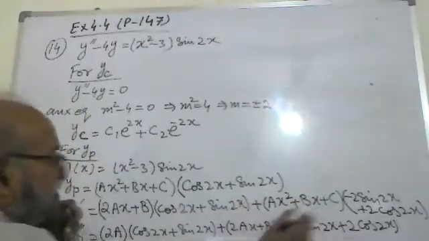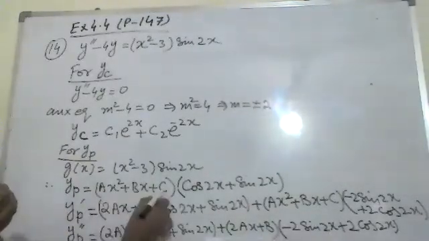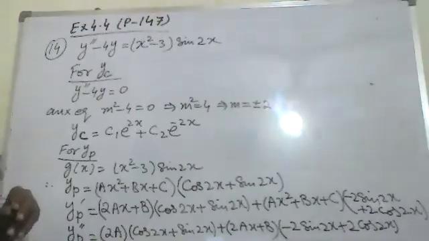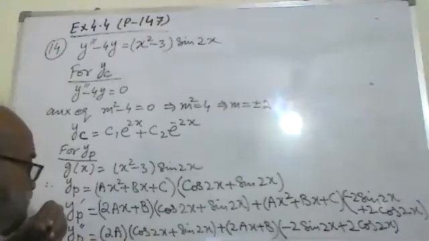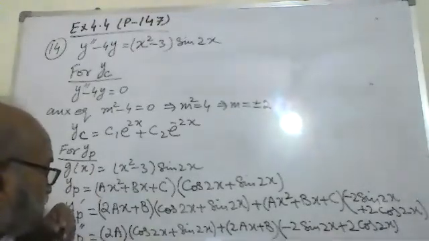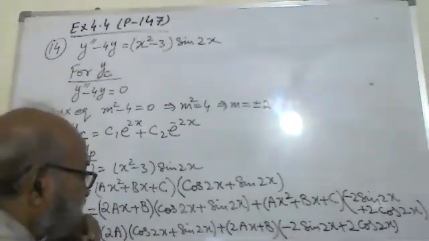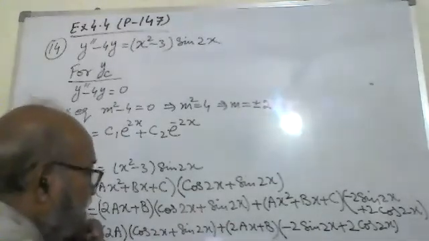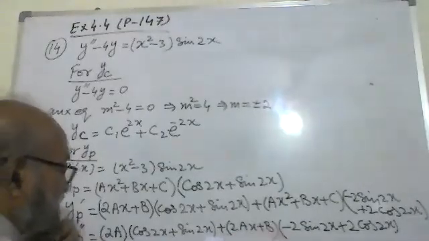First of all, the derivative of ax square plus bx plus c is 2ax plus b, into the second function as it is, minus 2 sine 2x plus 2 cos 2x, plus the first function as it is.